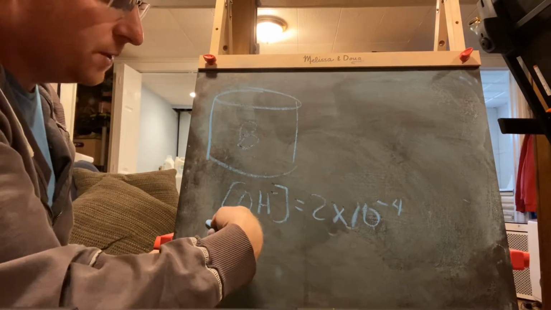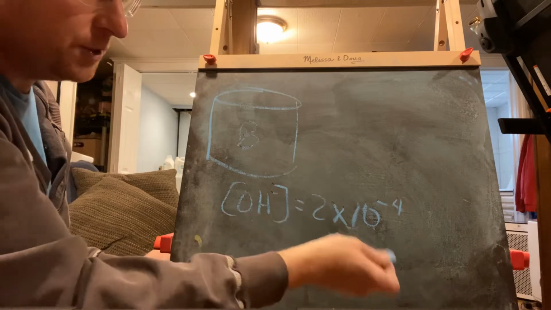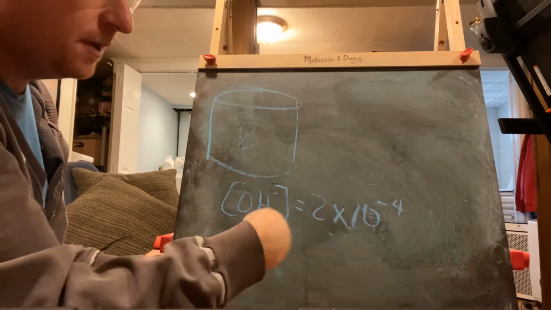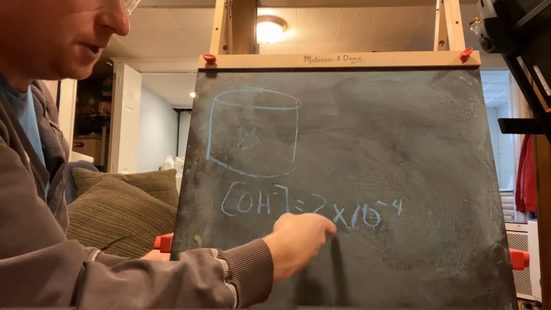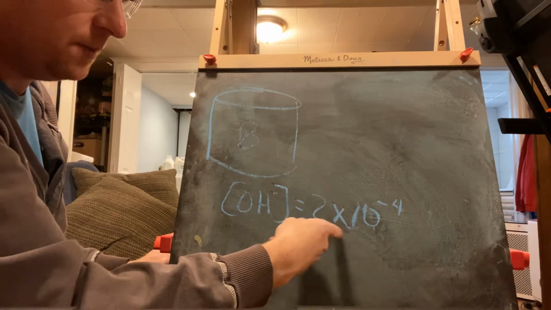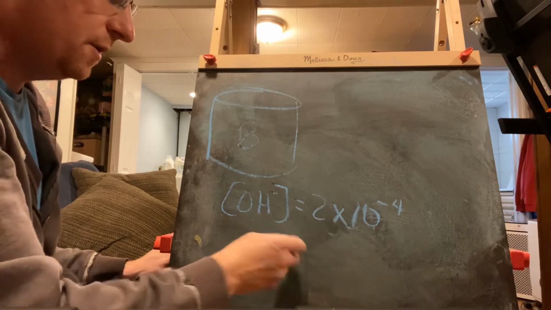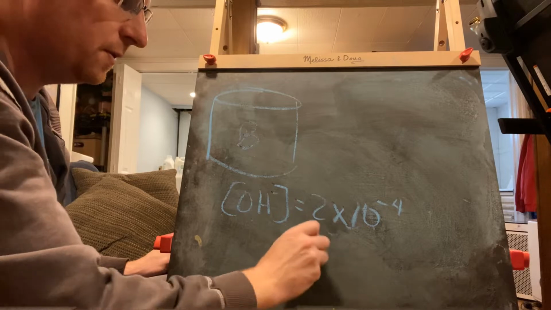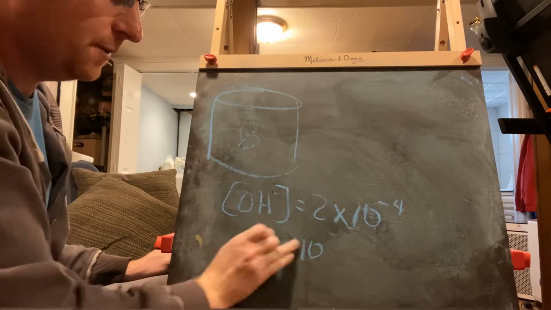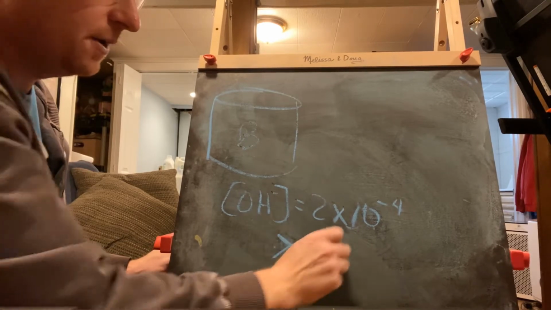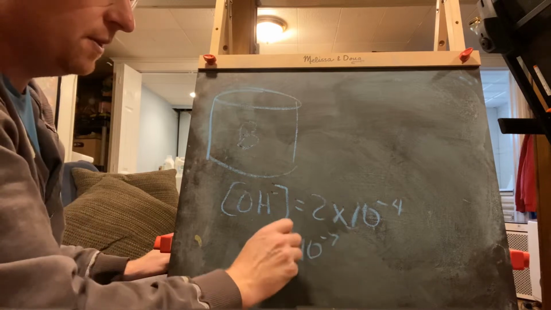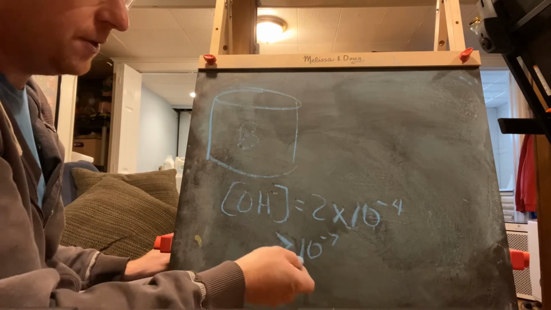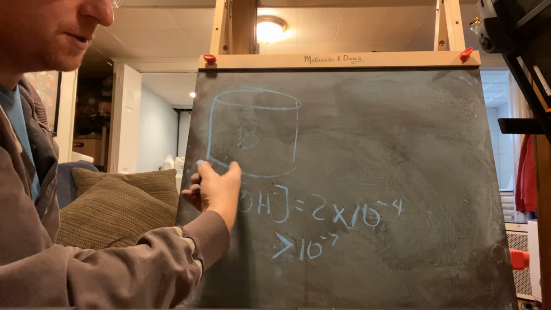So OH equals 2 times 10 to the negative fourth. That's lower than 10 to the negative seventh. I'm sorry, what am I saying? That's greater than 10 to the negative seventh. So at 25 degrees, you know this solution is going to be basic.